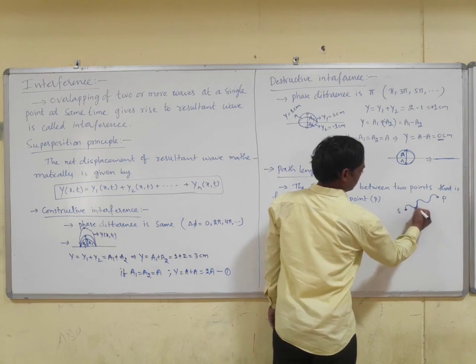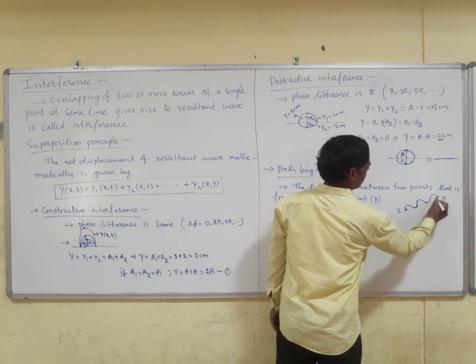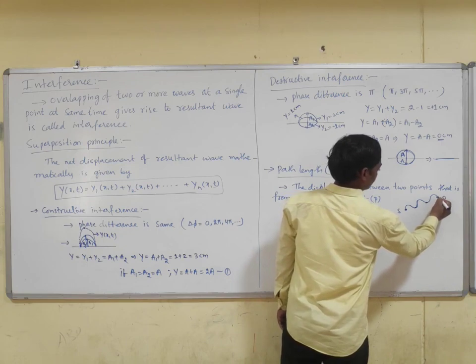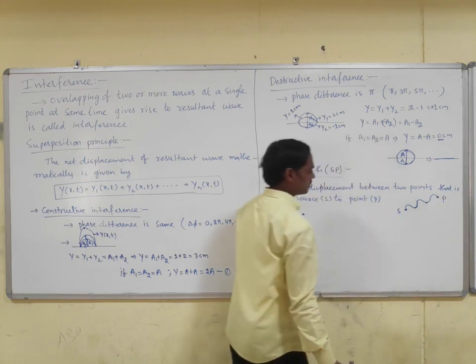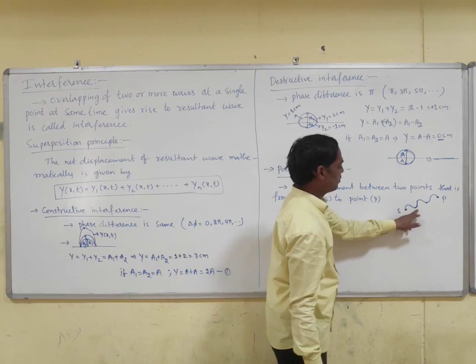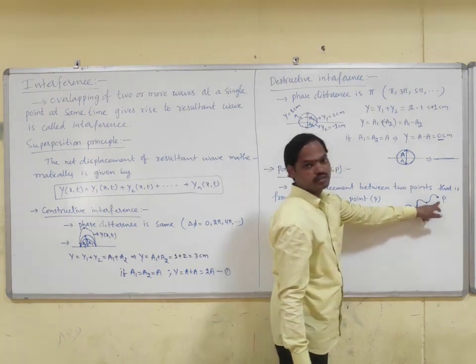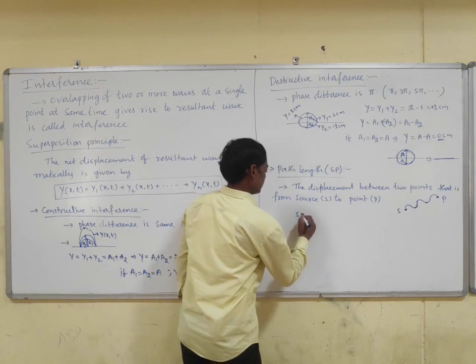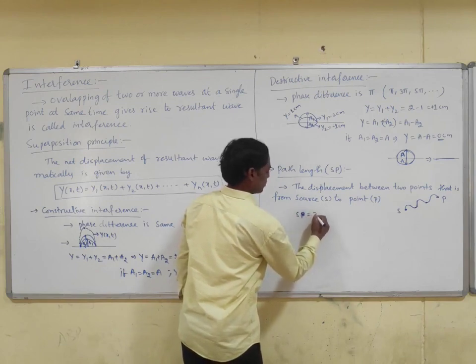This is 1, 2, okay, and this is 3. So total how many wavelengths? Lambda plus lambda plus lambda. Total how much? 3 lambda. So SP, the path length, is equal to 3 lambda.